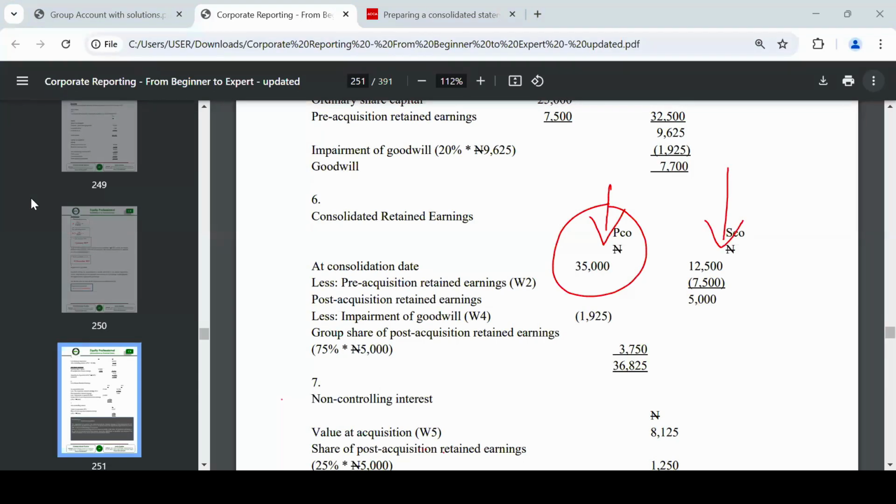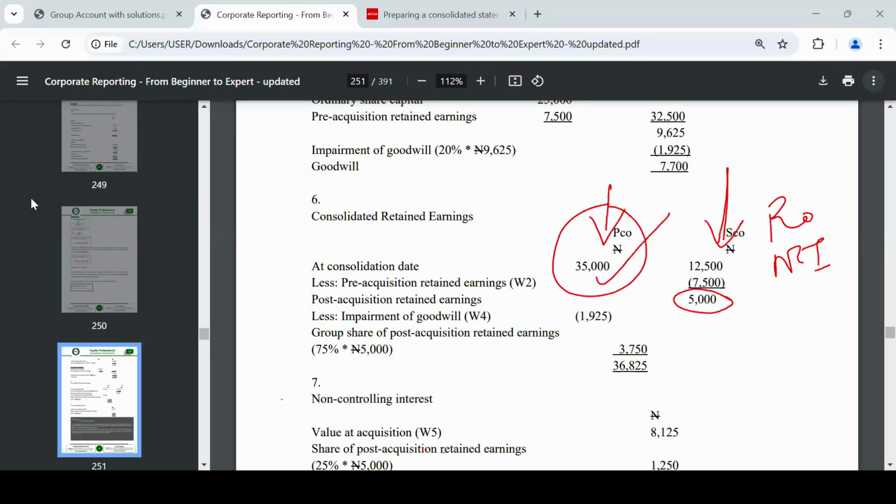Now, for instance, the post-acquisition retained earnings is to be shared by both the PICO, parent company, and NCI. So our derivation of the post-acquisition retained earnings was still under ESCO. First thing first, what is the retained earnings of PICO? 35,000.